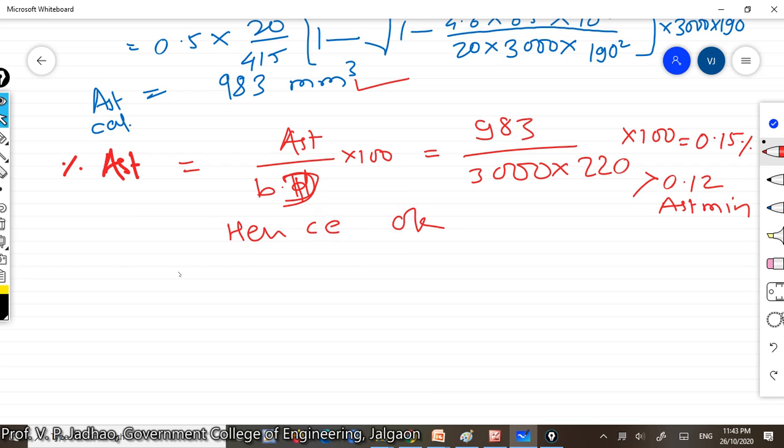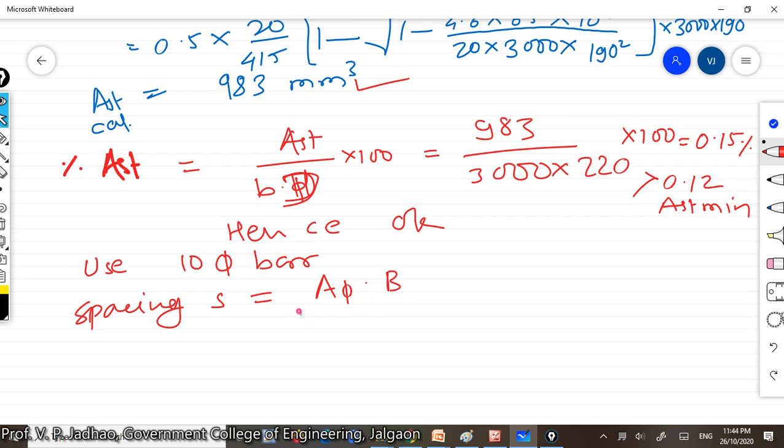Now we have to calculate the spacing. Let us use 10 phi bars. Therefore spacing S is equal to area of 1 phi bar multiplied by b divided by AST calculated. So area of 1 phi bar, pi by 4 into 10 square, multiplied by b, which is 3000, divided by AST, which is 983.